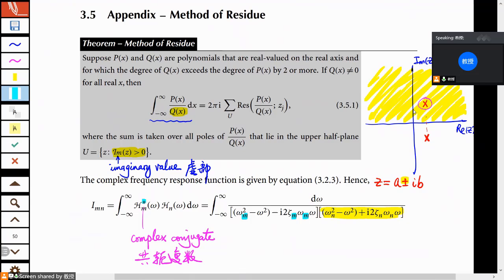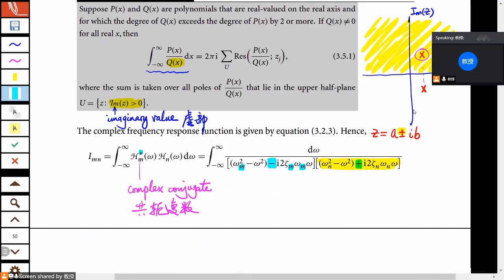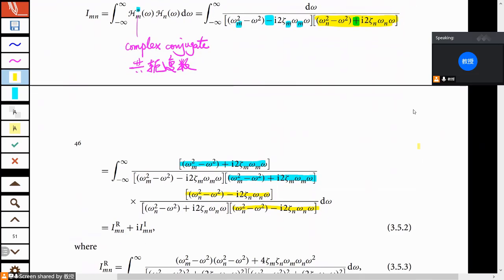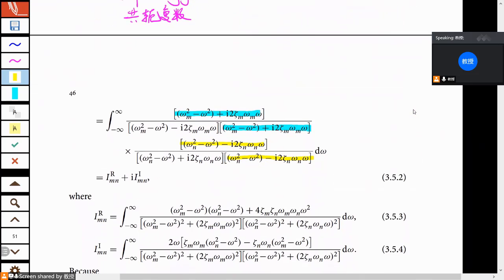Okay, so this term is changed to negative. Then for both the numerator and the denominator, we multiply by the complex conjugate, and you separate the real part and the imaginary part.